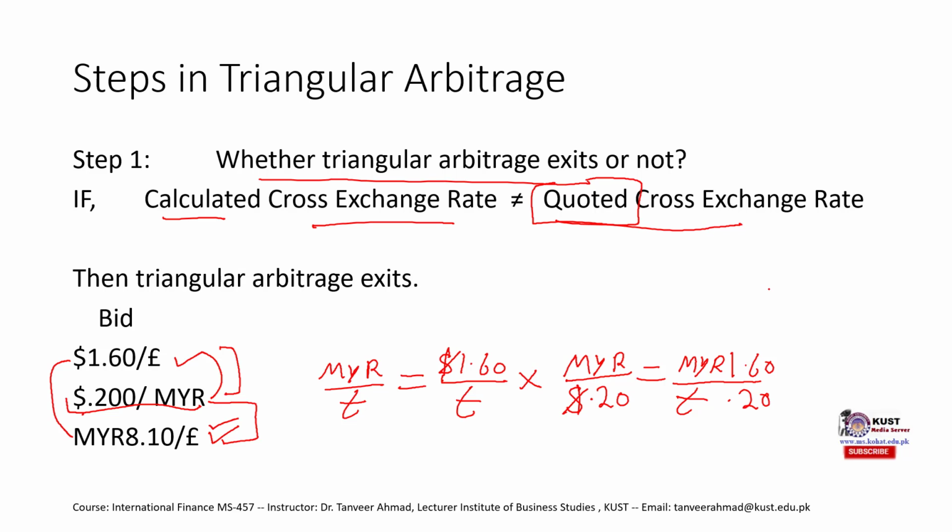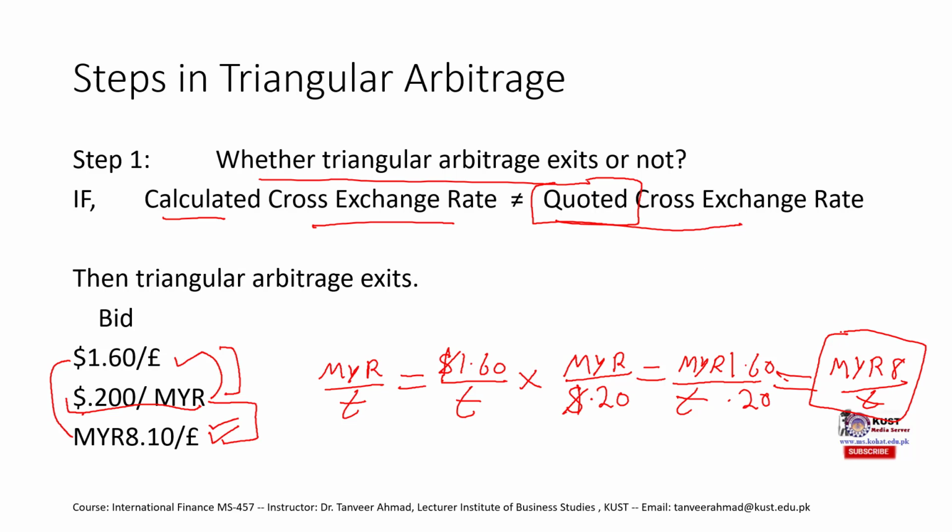This would give us the answer of MYR equal to 8 per pound. So that means we calculated that the cross exchange rate is 8 Malaysian ringgit for 1 pound.